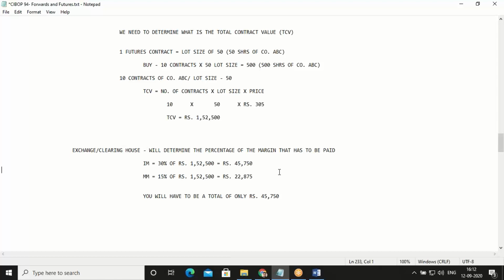Yes, Himanshu, go ahead. I have a question. If I have 22,000 in my account, how much time will I be given to meet 45,000? Almost immediately. You don't have much time because the trade has gone against you. Brokers generally will give you a bit of leeway, but not too much.